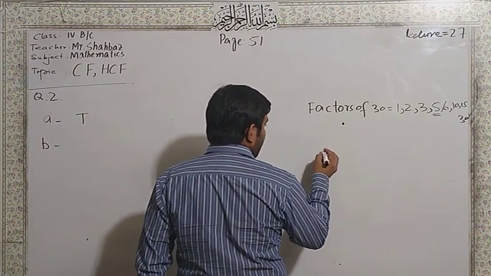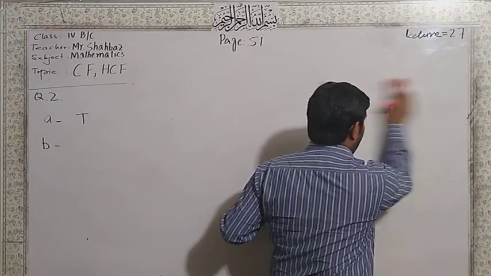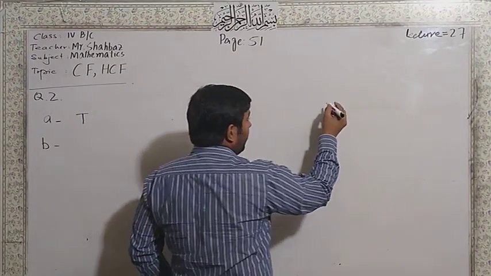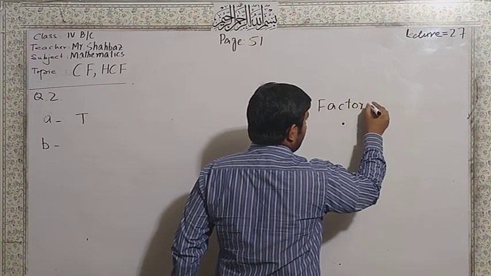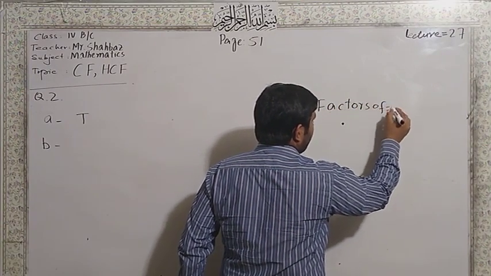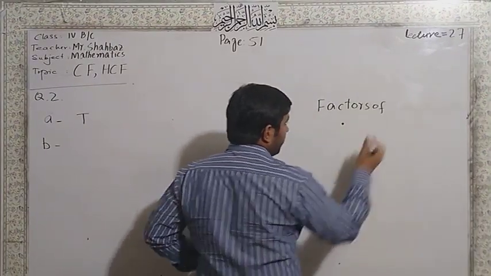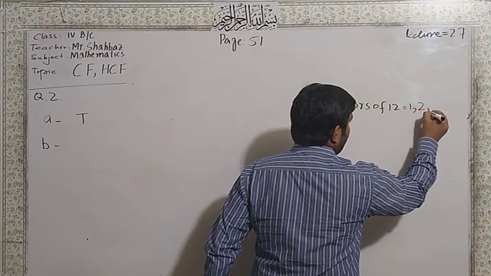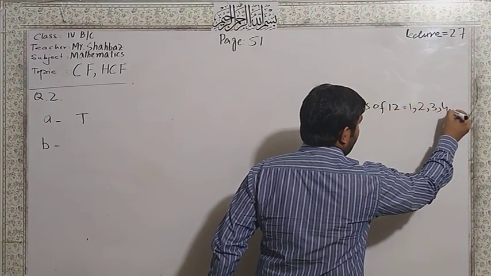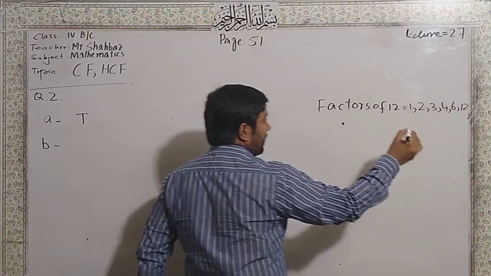You have to write the factors of 12 and 24. Factors of 12: 1 12 are 12, 2 6 are 12, 3 4 are 12, 4 3 are 12, 6 2 are 12, 12 1 are 12.